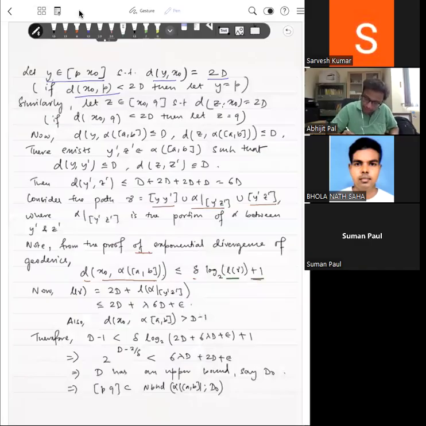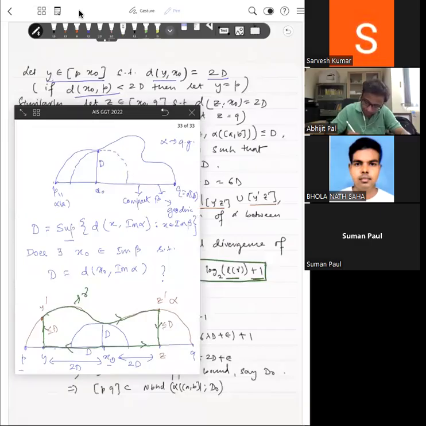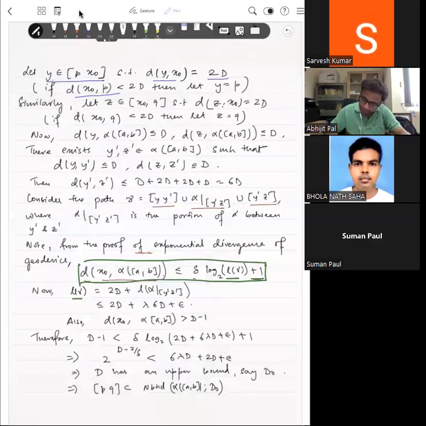And what is the length of this gamma? The length of gamma is d plus d, twice d, plus the length of alpha restricted to y prime and z prime.